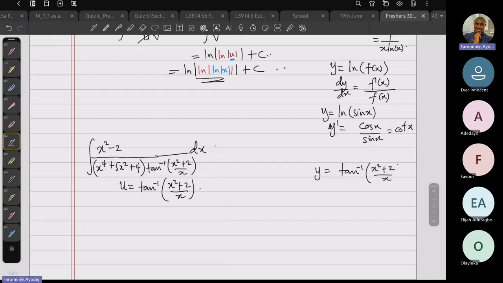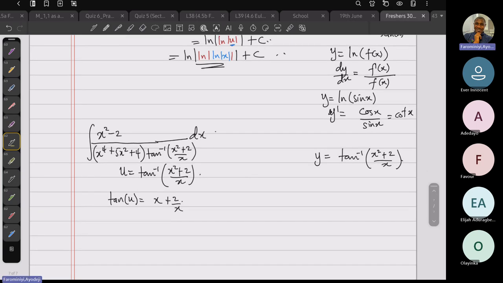Yes, I like that. So this is tan u is equal to (x squared plus 2) over x, which is actually x plus 2 over x, right?